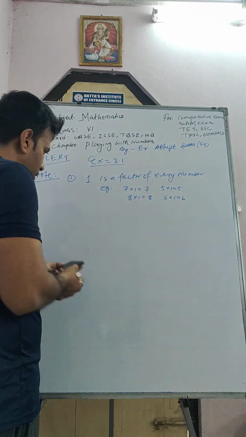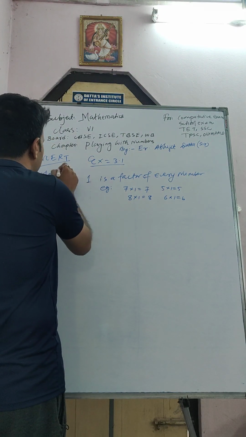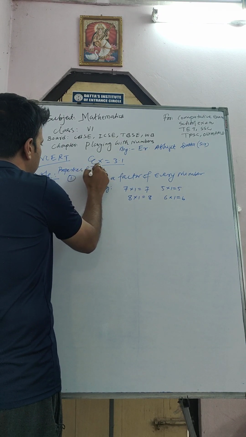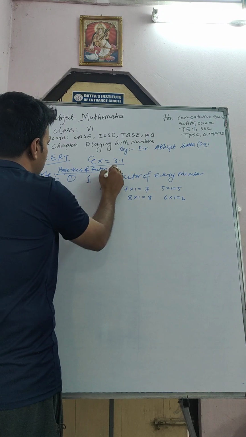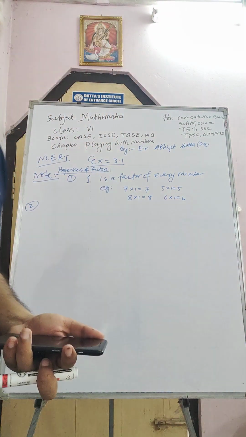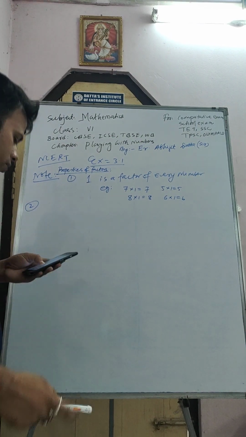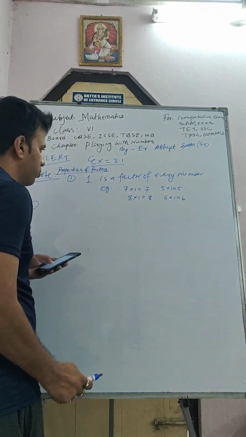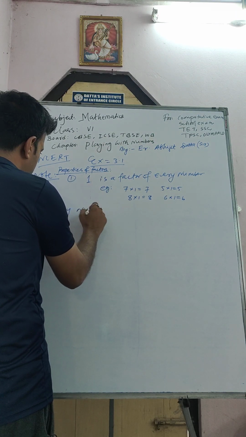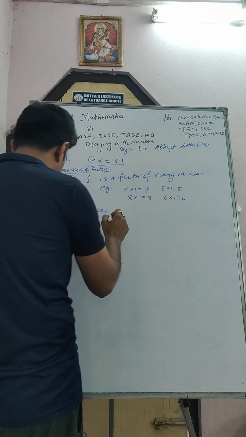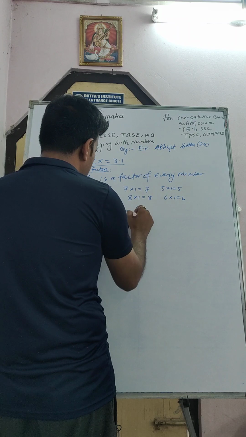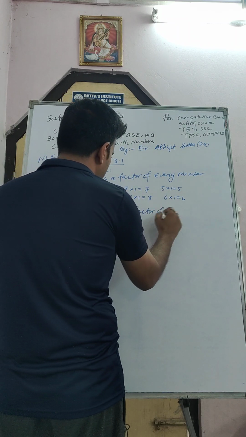Next, the properties of factors. Okay, you have to remember this one. The next two number properties of factors are: every number is a factor of itself.